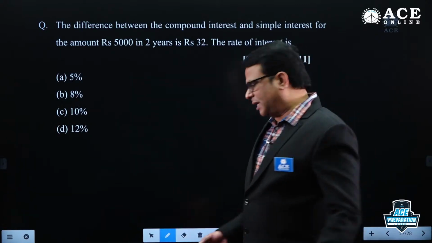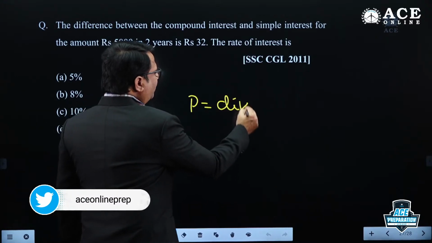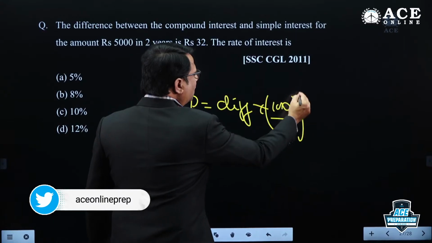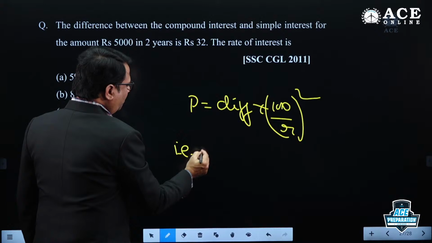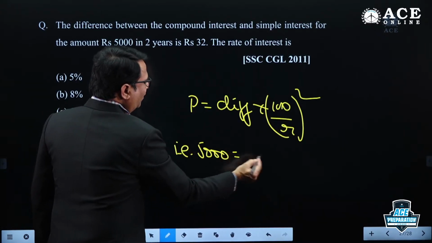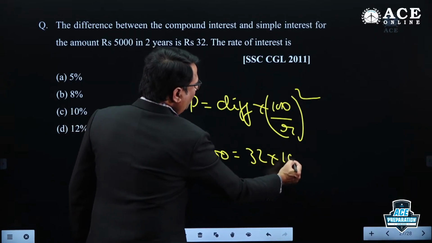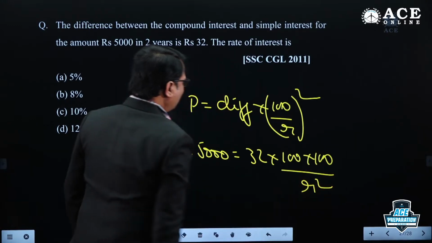So again, we use the same formula. Principal equals difference into (100 by R) whole square. Principal is already given, 5,000 rupees, and difference is 32 into 100 into 100 by R square.